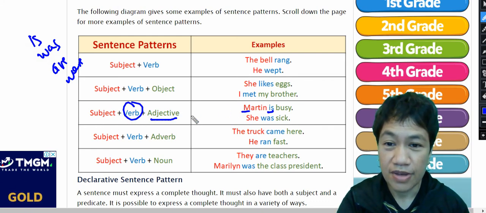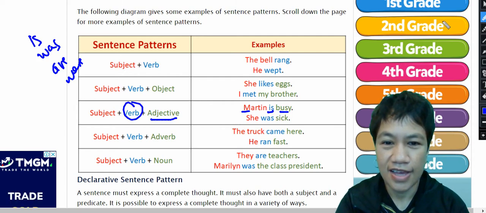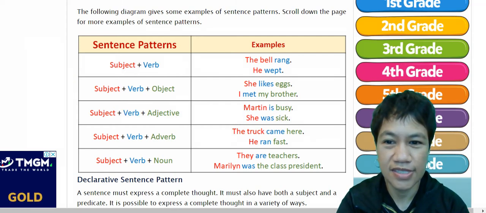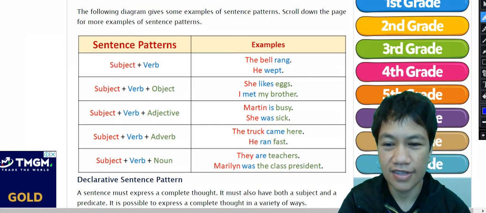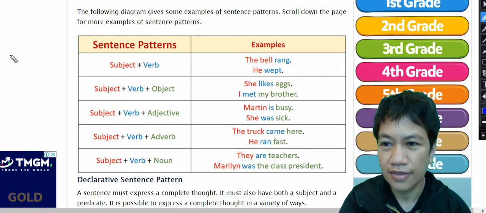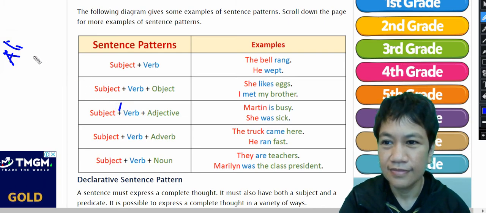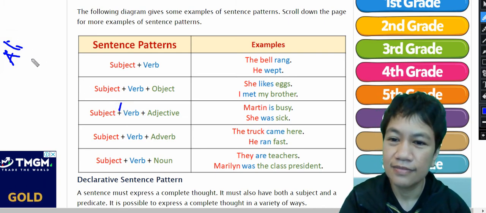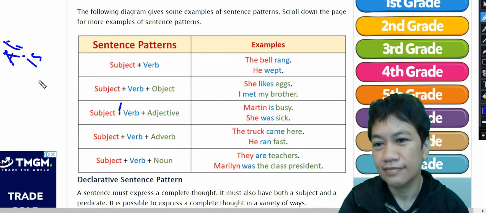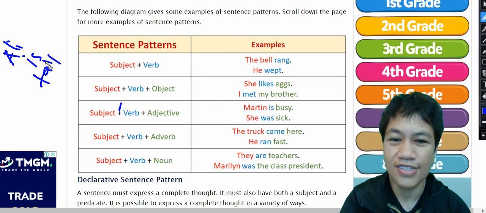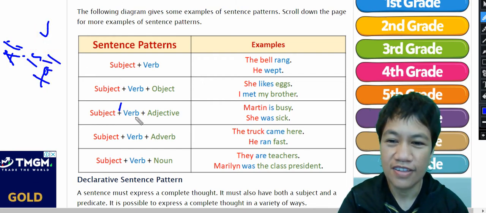So Martin is busy. And another example, she was sick. What else? Okay, for example, Ali. Ali is the subject for this, yeah? Ali is tall. So subject, verb, adjective.